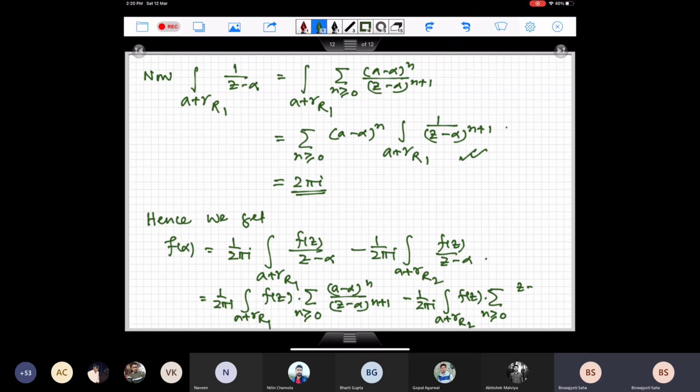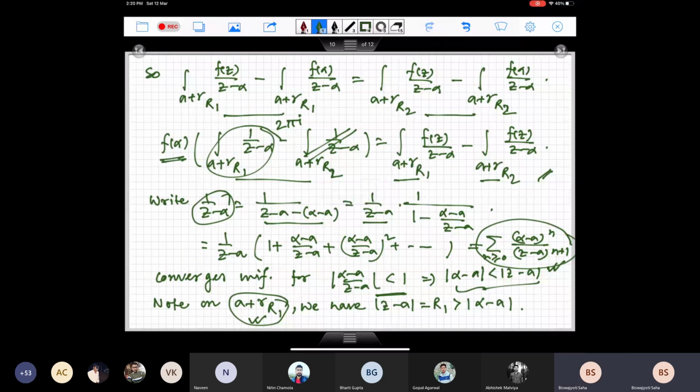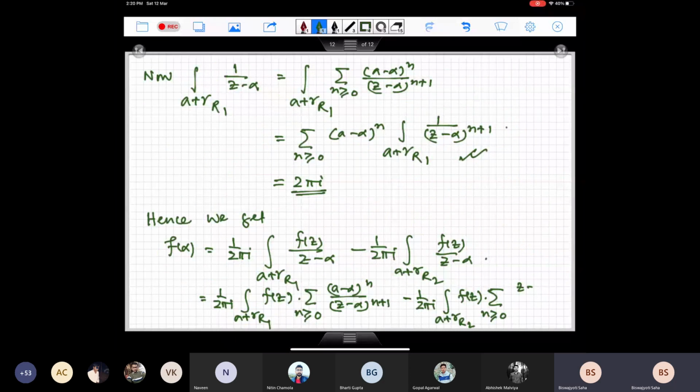And here, what do I have? In this case, just now I did z minus alpha, just a moment. What did I write? Yeah, so this is alpha minus a, z minus a. I made a mistake. This is alpha minus a, z minus a. Sorry, so here it is z minus a. Here also I wrote something wrong.